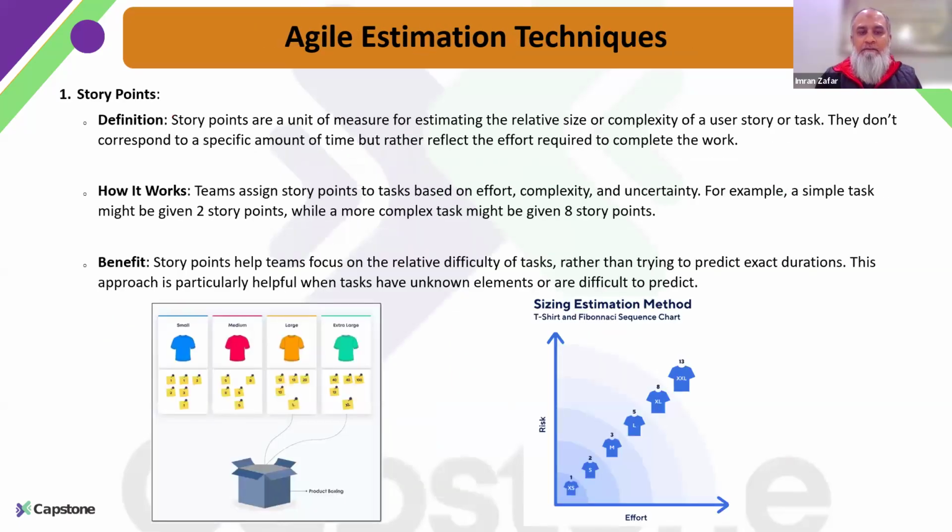To assign user story points, as we discussed, they are assigned based on how complex the team thinks a user story is, how much effort is required, and how much uncertainty revolves around it. Based on their analysis, the team will assign user story points, which are generally in the Fibonacci sequence.